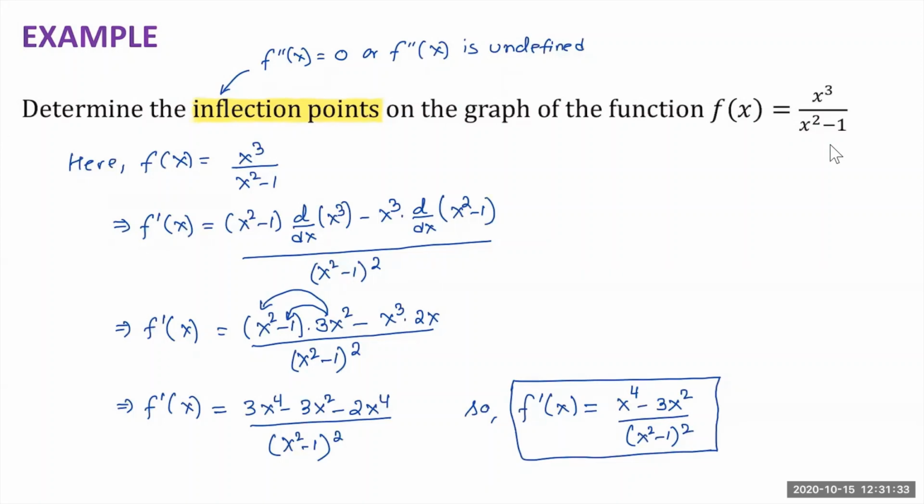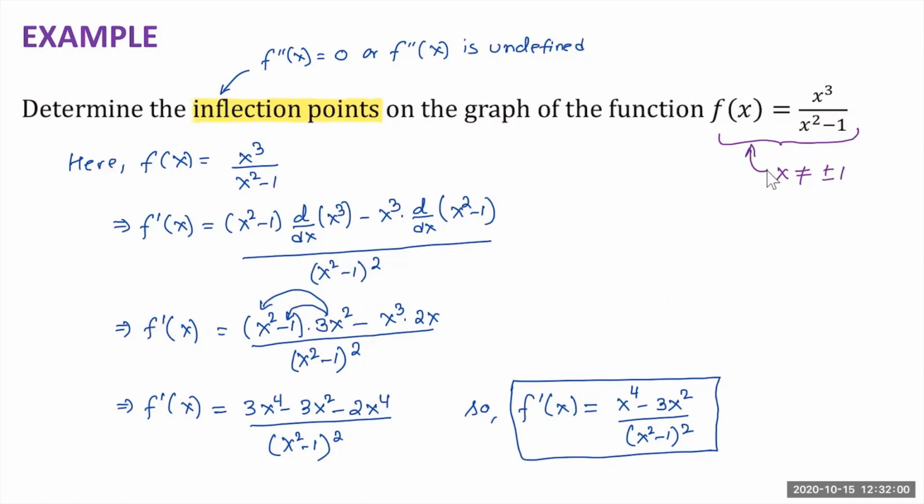And the domain of this function is all x except x is positive or -1. Positive or -1 is not in the domain of this function, because if you plug in x equal to +1 or -1 and square it, +1 or -1 squared is 1, 1 minus 1 will be 0, and something over 0, that will be undefined. So this function will be undefined at plus or minus 1.